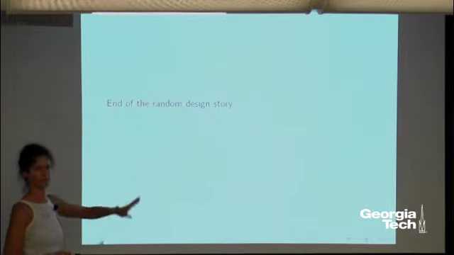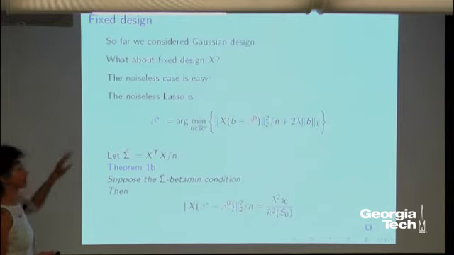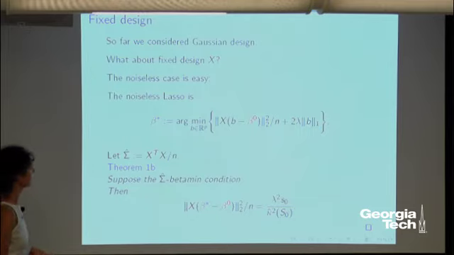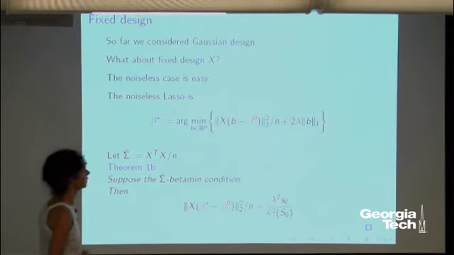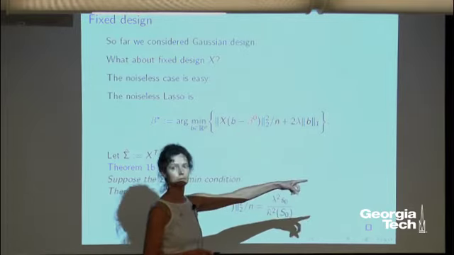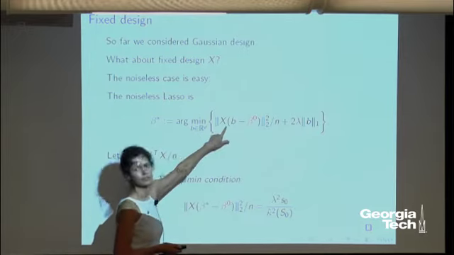And now let's go to fixed design. So we considered Gaussian design. What about fixed design? Again, let's start with the noiseless case. So the noiseless lasso is the one which was on the board now, but now with here really the Gram matrix and not its expectation.